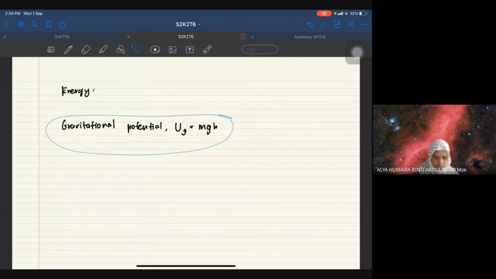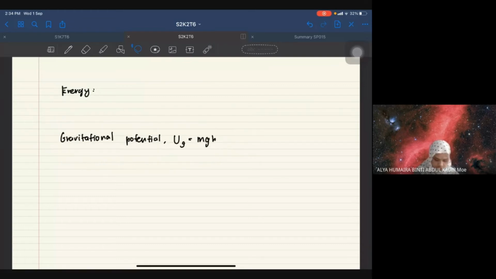Okay, another energy is your kinetic energy. Can somebody tell me what is the formula for kinetic energy? 1/2 mv squared. Okay, good. It will be half mv squared.